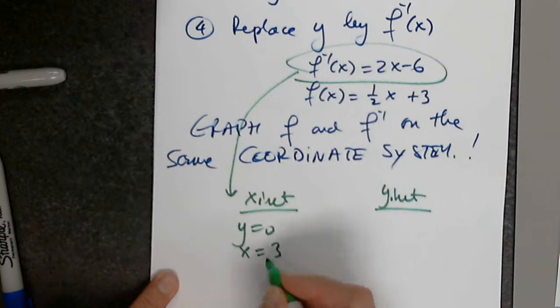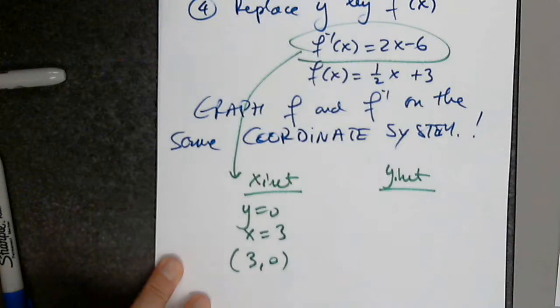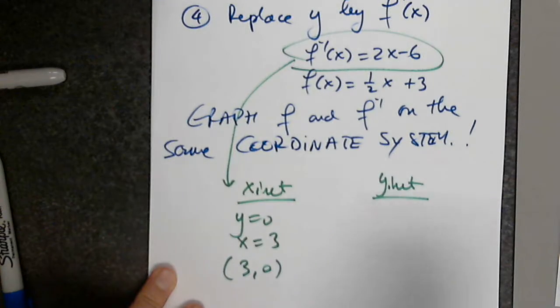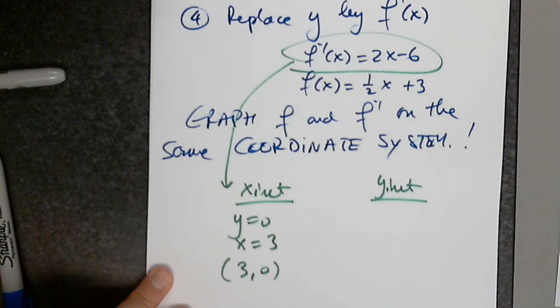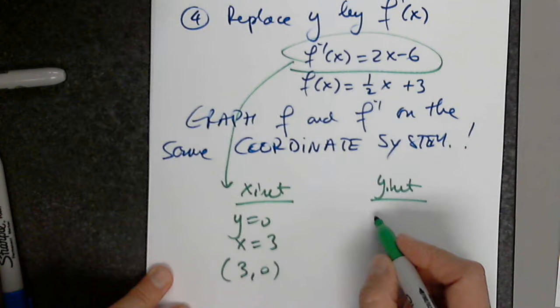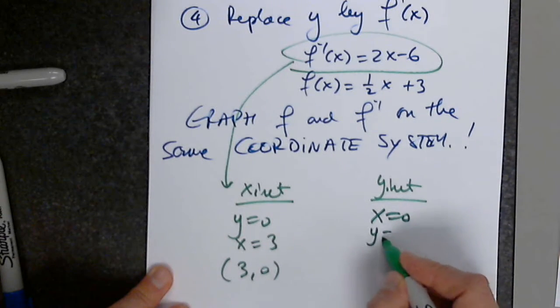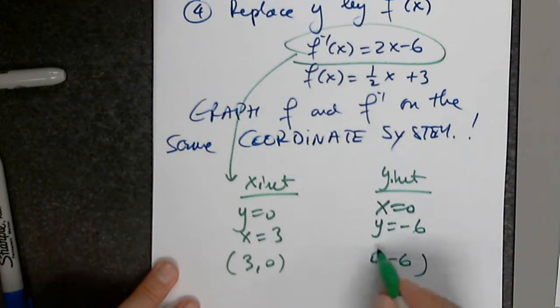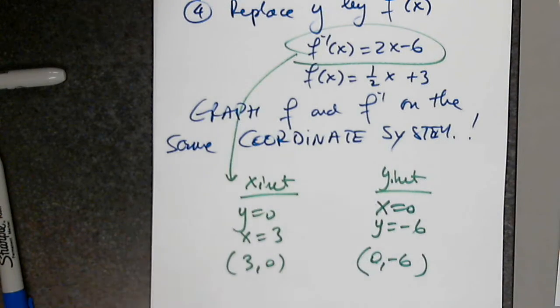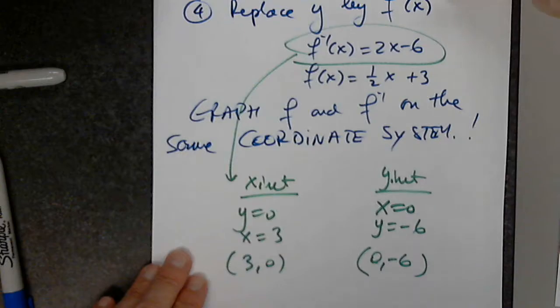So then x equals 3. The ordered pair is 3, 0. How do I determine the y-intercept? Yes, I plug in 0 for x, and I get -6. Y equals -6, 0, -6. Good. So I have all I need to graph the inverse.